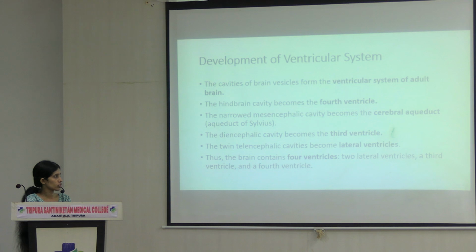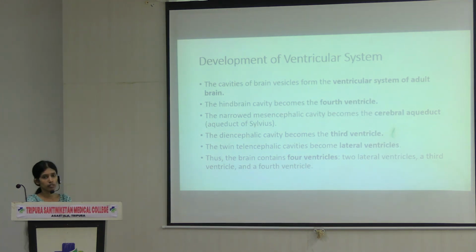This is the narrowest part present in your developing brain, so it will develop into your aqueduct part. The diencephalon cavity becomes the 3rd ventricle. This is the diencephalon area. And the twin telencephalic cavities become the lateral ventricles. This is the twin telencephalic area. Here the cavity present gives rise to your lateral ventricles.